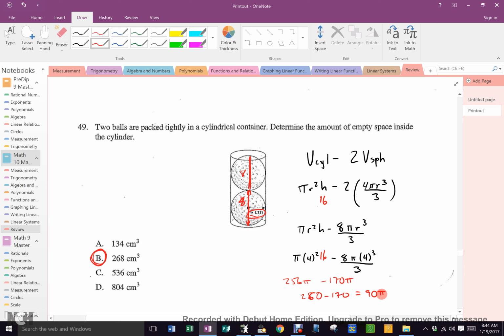What's pi about? 90 times 3 is what? 270. Picking up what I'm putting down? Even if you couldn't do this on your calculator at all, could you get close enough? Can't you? Because you can throw pi out, because it's in both sides, right? You just got to remember to put it back in at the end.